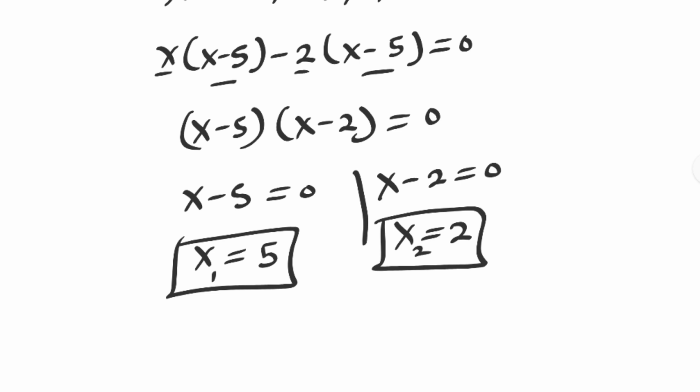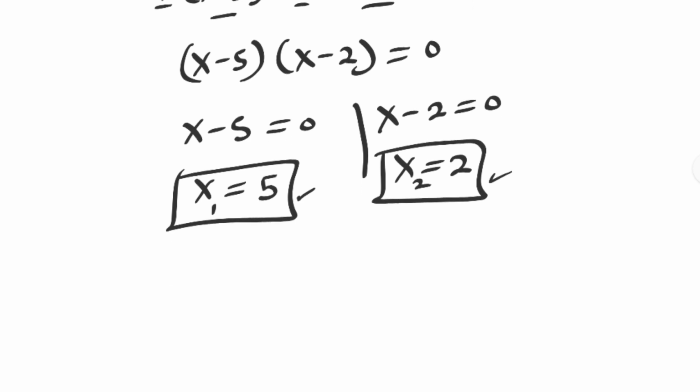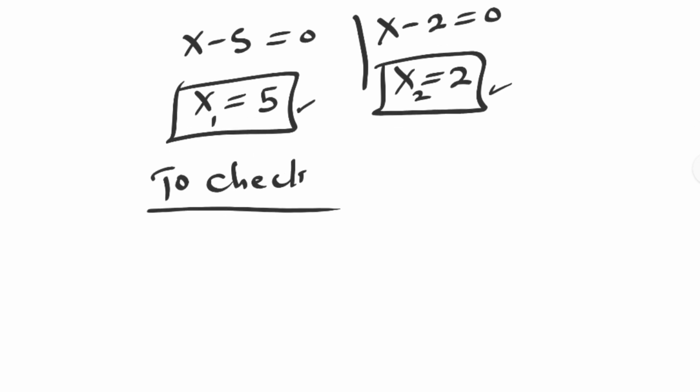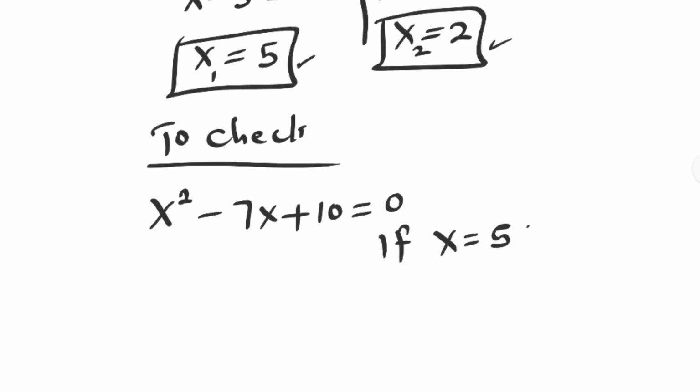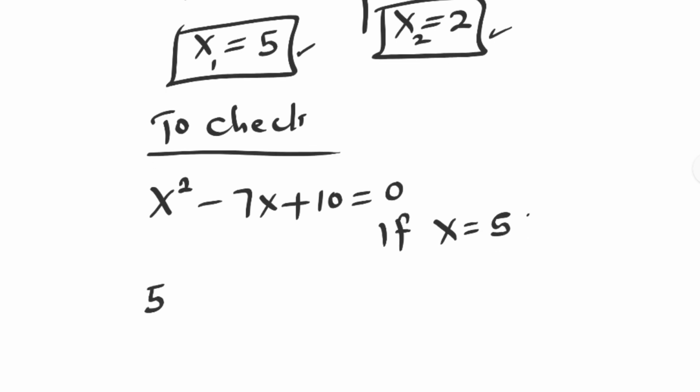So you may want to check to confirm if this s1 or s2 is correct. To check, we have the given equation s squared minus 7s plus 10 is equal to 0. Now if s is equal to 5, this is 5 squared minus 7 bracket 5 plus 10 must be equal to 0.